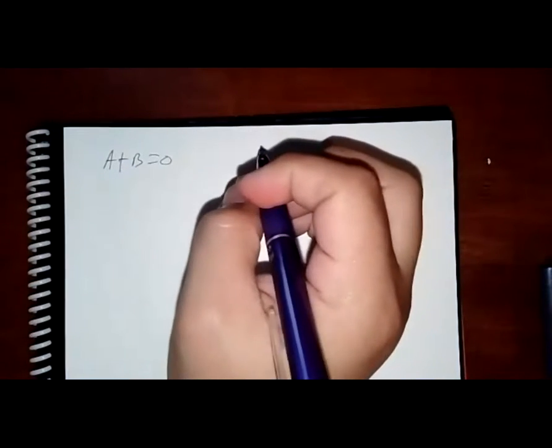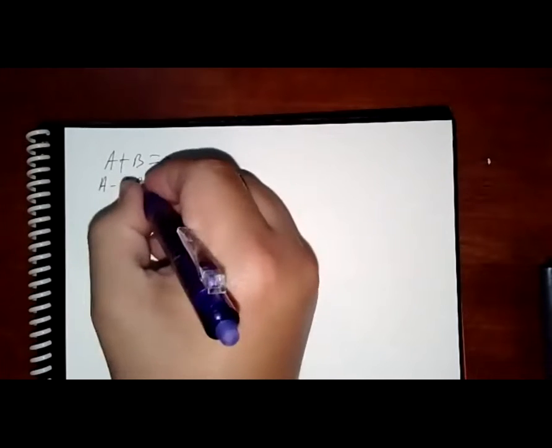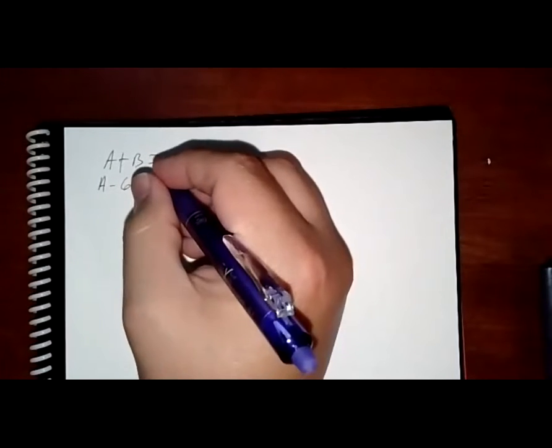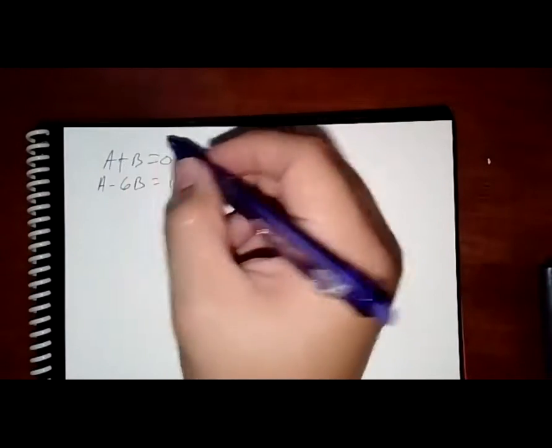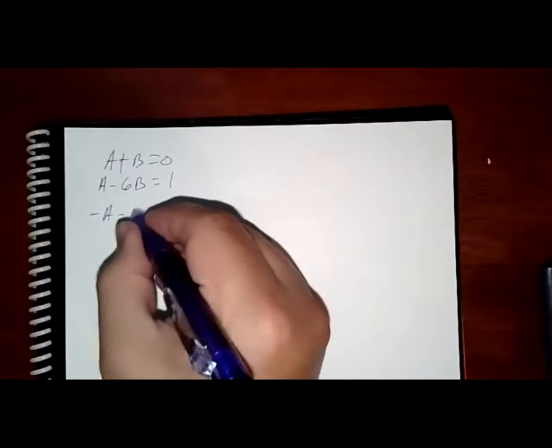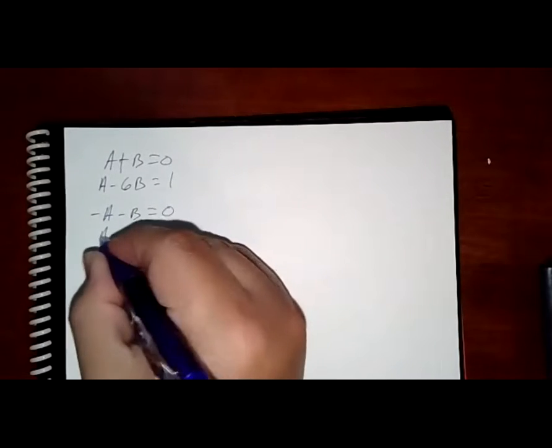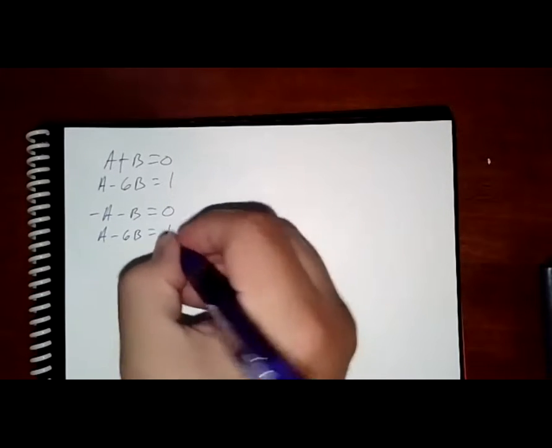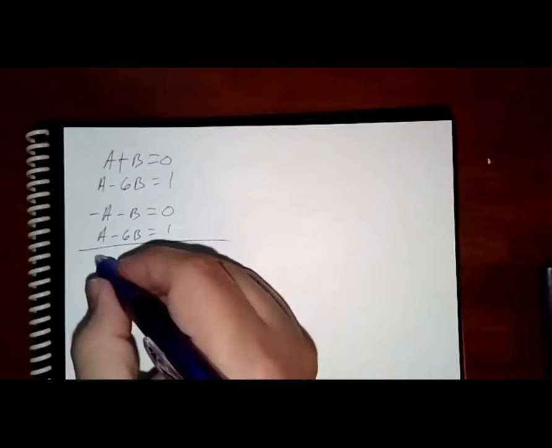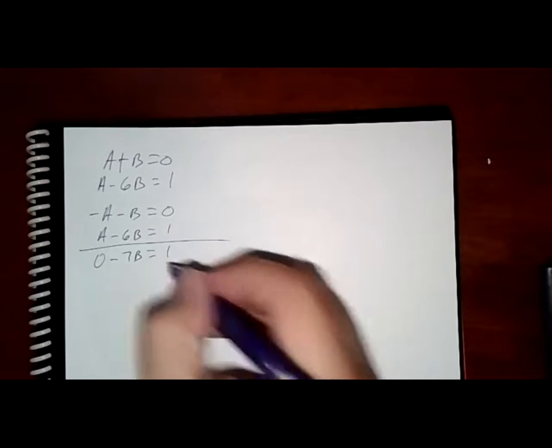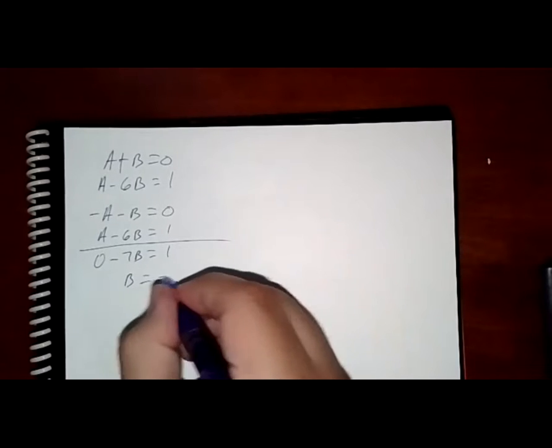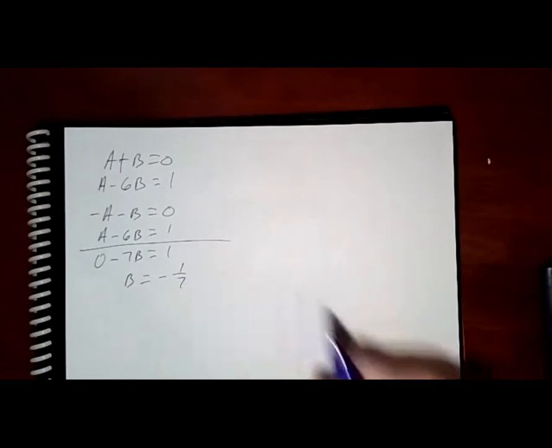And then we had, what was the other one? 6B, right? Equal to 1. So if I multiply equation 1 by -1, I get -A minus B equal to 0. Now, if I add the equations together, this is 0. This is -7B. This is 1. So B is equal to -1/7.